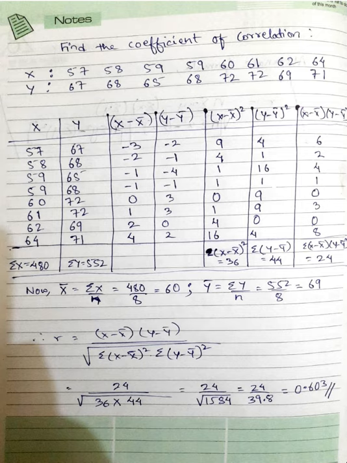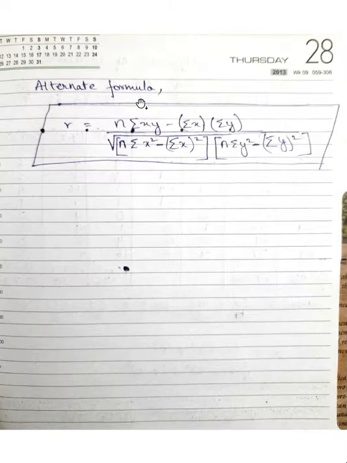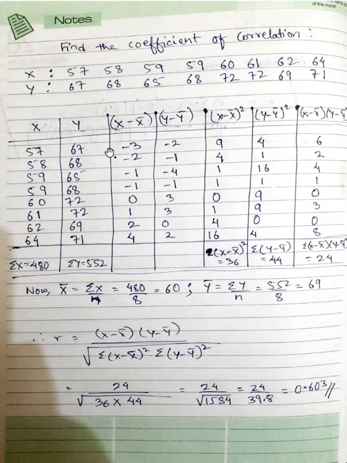We don't usually use this formula because for this we have to make a lot of columns in a table and the calculations get a little more complex. If we use the other formula, we don't have to make so many columns in a table and the calculations are a little easier. So we take an example.